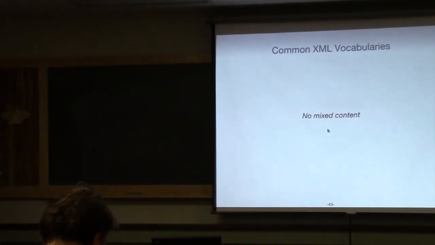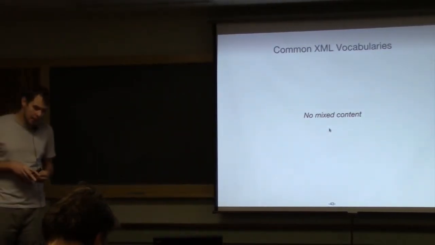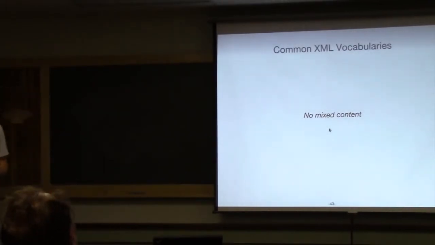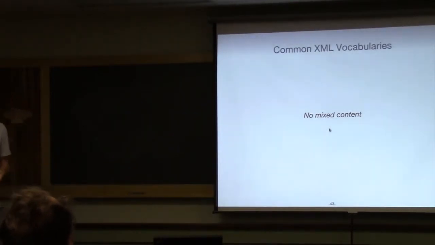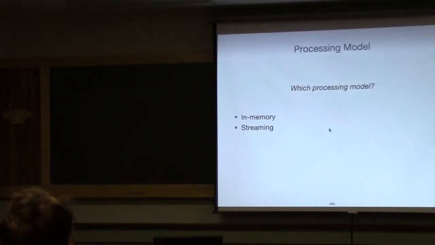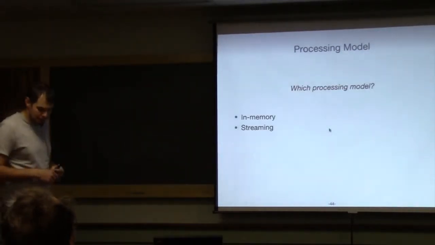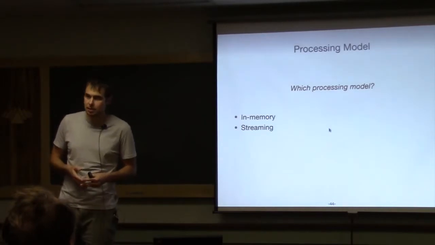This also gives us another useful insight, and that is there's not much mixed content in the documents that we are going to handle. This is quite important to keep in mind when trying to design a convenient API, as we will see later.